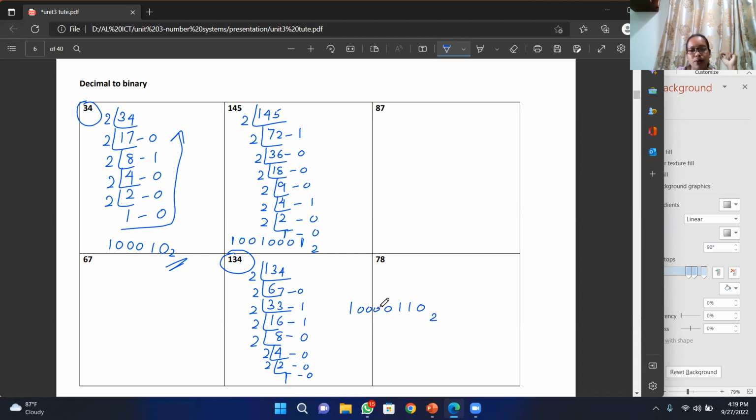Is there anybody who took this answer? Yes, teacher, I got it. Tilini, just double check your calculation. Maybe something missed. You have to divide until you are taking a value less than 2. That means here 1 is less than 2.